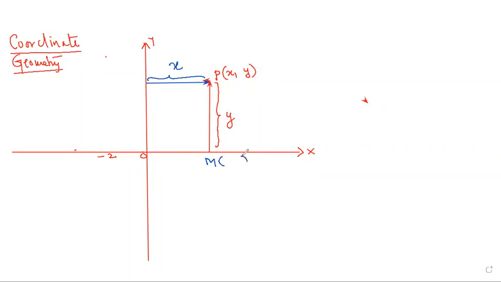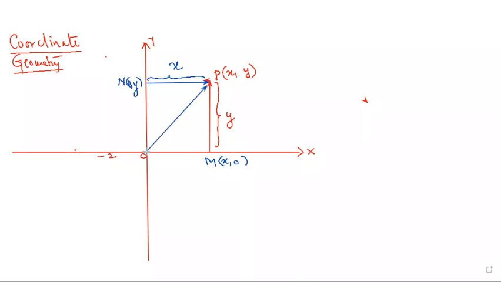Write the coordinate of M and coordinate of N. Write yourself. What will be the coordinate of M? x, 0. And 0, y. Also write this distance.